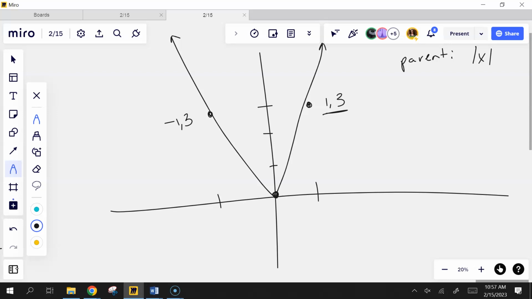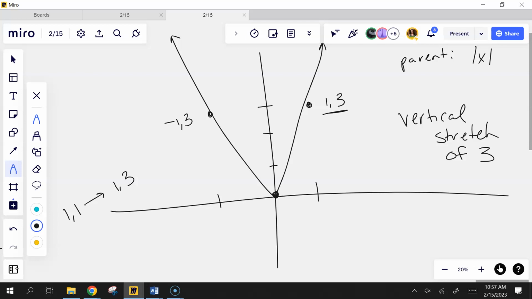But since this, and in fact, it looks like 1, 1 became 1, 3. Would you agree with that? Yes. If 1, 1 became 1, 3, and I've already said it's a vertical stretch, then it's a vertical stretch of what? 3, because I multiplied the Y by 3. Does that make sense?